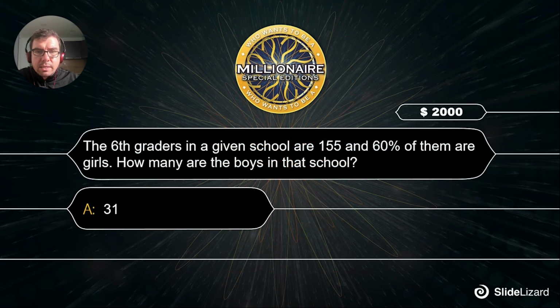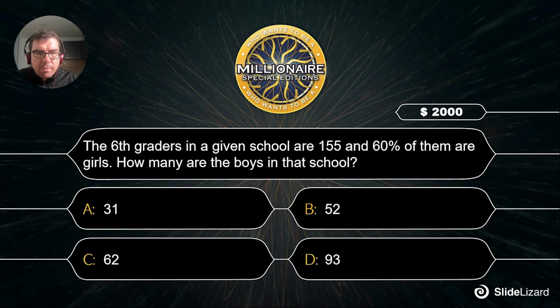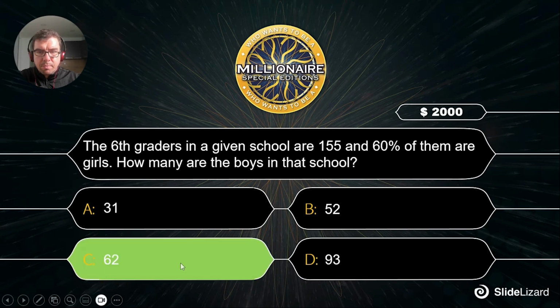The 6th graders in a given school are 155 and 60% of them are girls. How many are the boys in that school? 5 seconds. Did you get C? 62? 62 is correct.